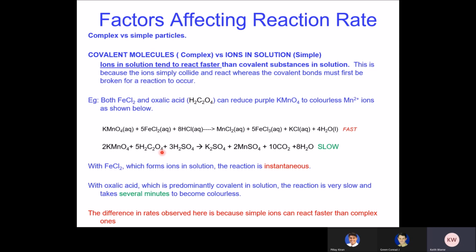There's a lot of covalent bonds there, and to break that down needs lots of energy, and it slows the reaction. It's a complex molecule. Whereas here, in the first reaction, the iron chloride is just an ionic compound. It's aqueous. When you put it in water, it just breaks up into its ions. So the ions are free to react. So this one is fast because you're reacting with a simple ionic compound. This one is slow because you're reacting with a complex covalent molecule.